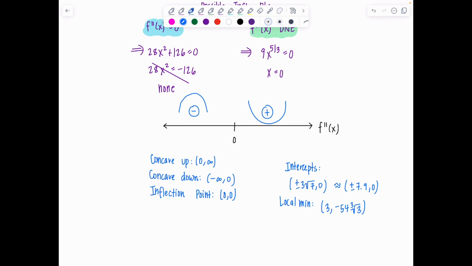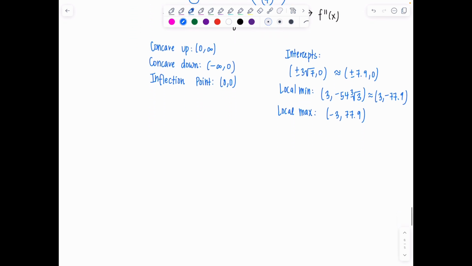And you might be saying, Professor V, I can't graph that. I know, 1 second. So cube root of 3 times 54, 77.9. So let's say that's 3 comma negative 77.9. And then local max was negative 3, and then it'll be positive 77.9 approximately. So don't freak out. We're just gonna scale in a way that makes sense for us, okay? It's our graph.